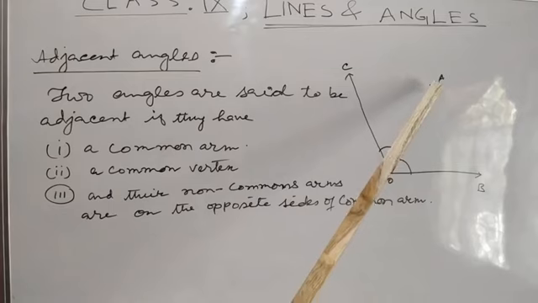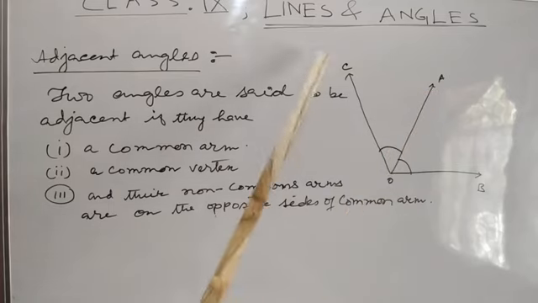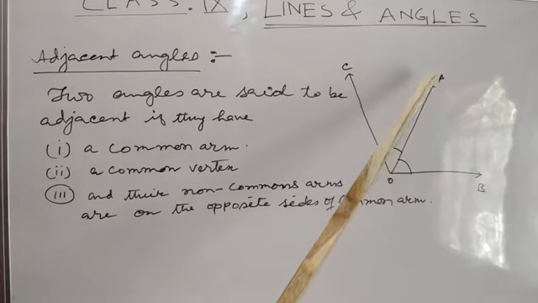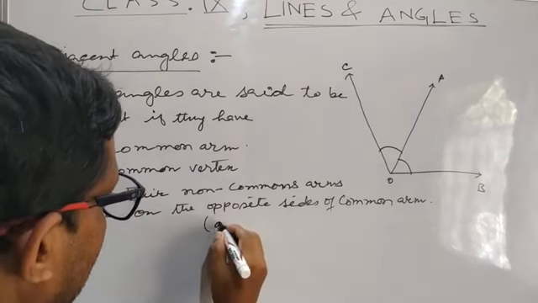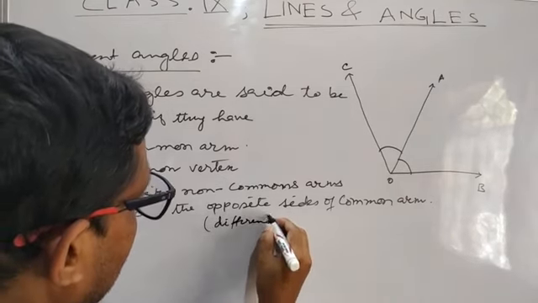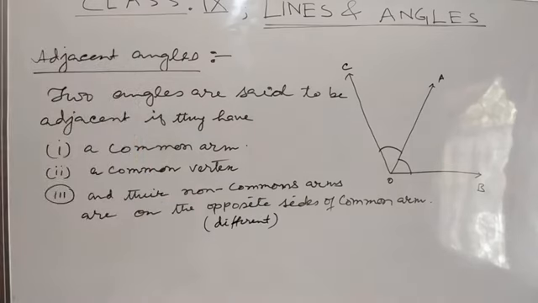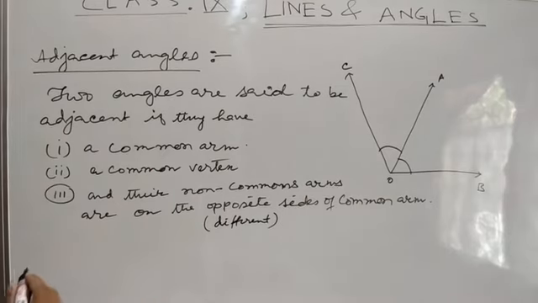So here you see angle AOB and angle AOC. They have the common arm OA, common vertex O, and the non-common arms OB and OC are on the opposite sides, or different sides, of the common arm. You can write either opposite sides or different sides, same thing.